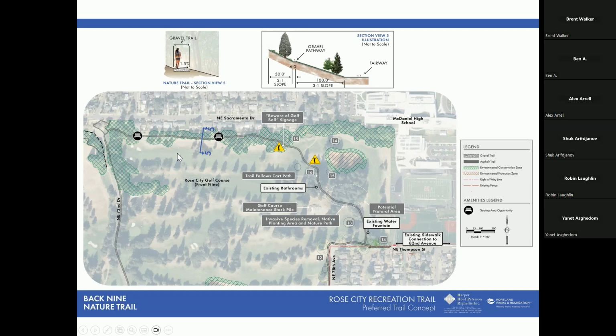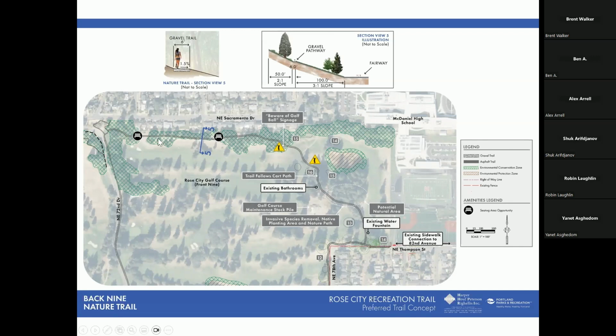But if it's 36 inches or above, we do have to go through a land use process, which is just a review of whether or not the trail as proposed would be harmful to the environment. And that's a normal process that every project goes through for permitting. So let's just keep that in mind.